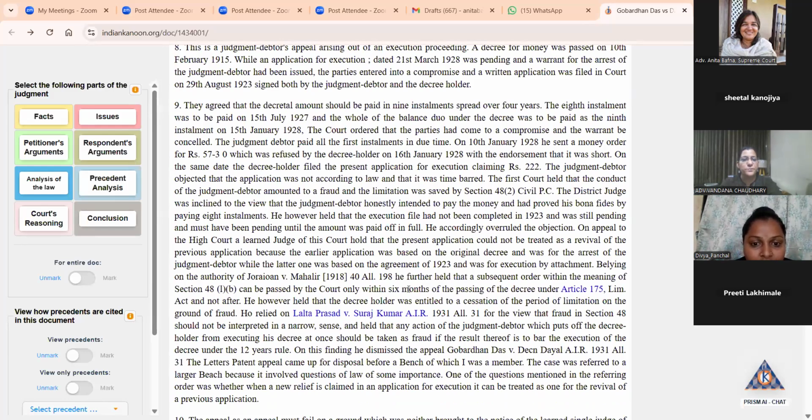He, however, held that the decree holder was entitled to a cessation of the period of limitation on the ground of fraud.